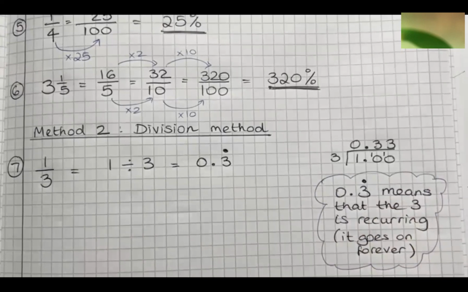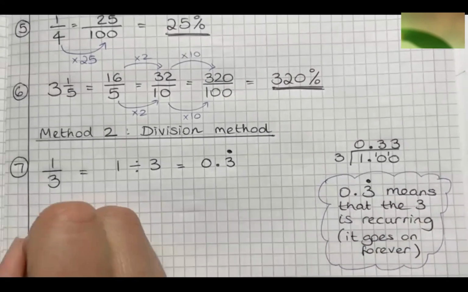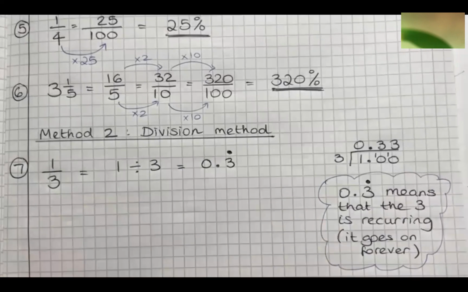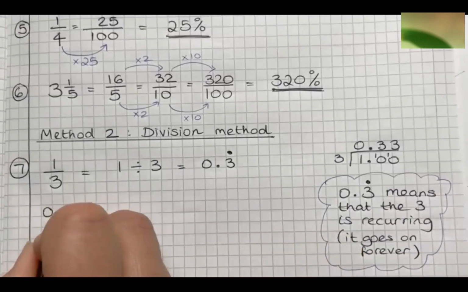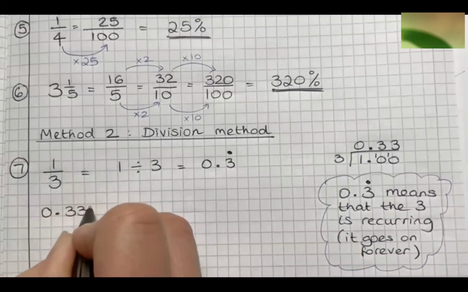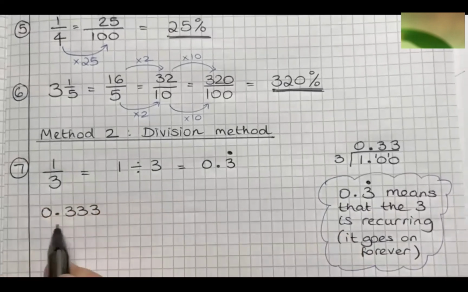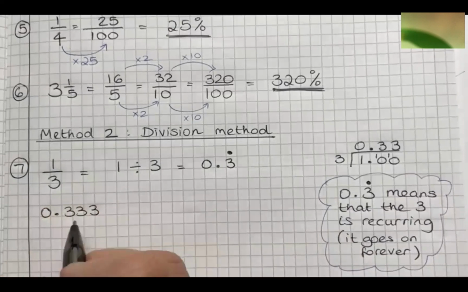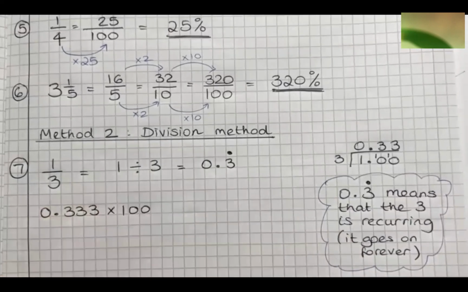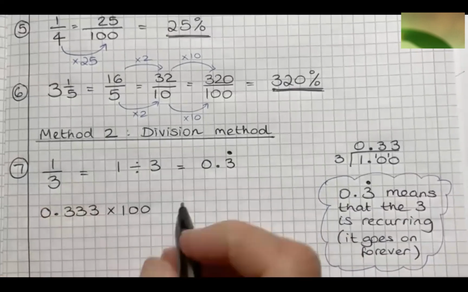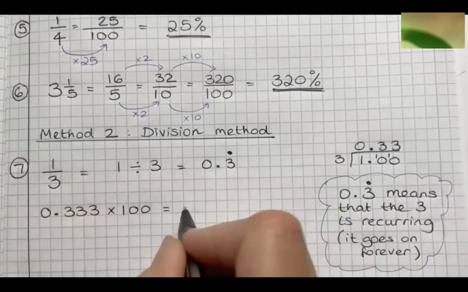I want it as a percentage. So I now need to take my 0.3 recurring. Remember, that's what that means. So I'm going to write it out a little bit more in full this time to 3 decimal places. And to convert from a decimal to a percentage, and I'm just going to go through that again in a moment as well, I multiply it by 100.